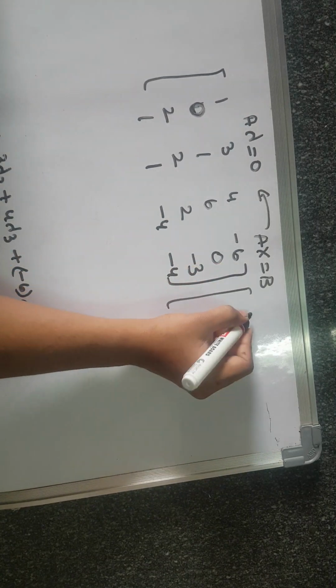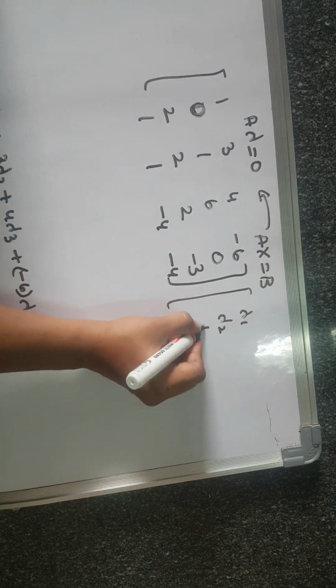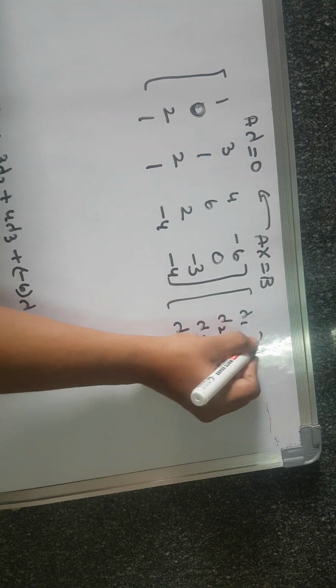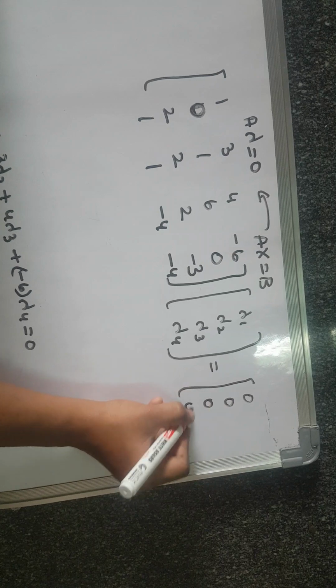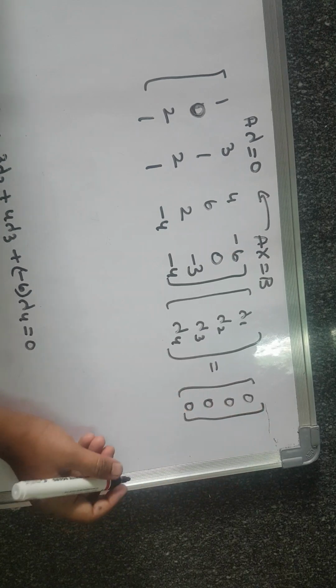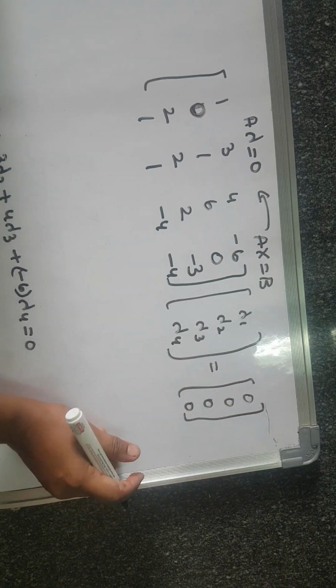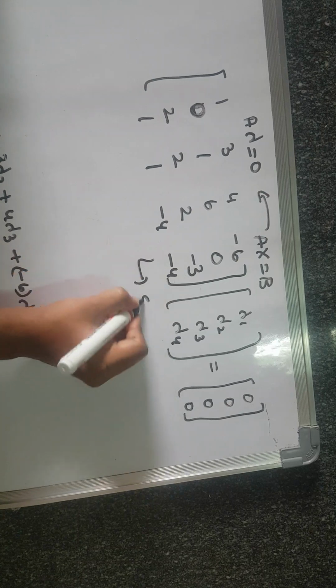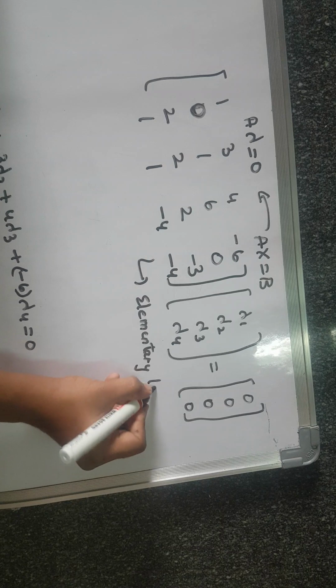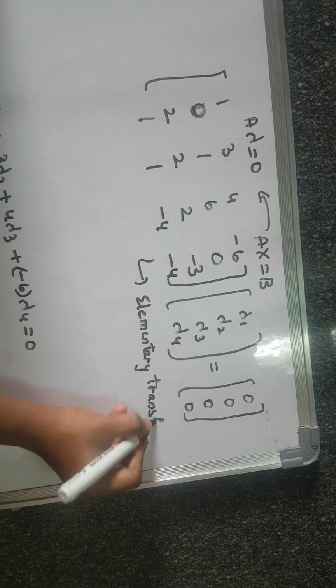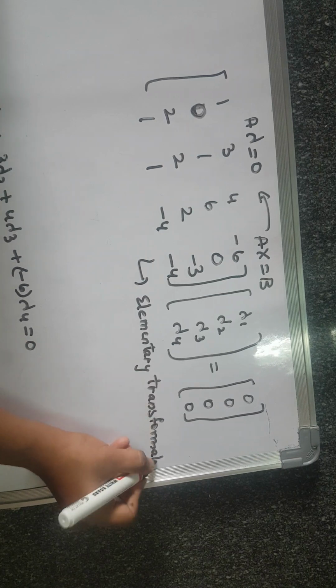Now what are the lambda values? Lambda 1, lambda 2, lambda 3 and lambda 4. Here all the values are there. What is the equation here? 0, 0, 0, 0, where b value has been given as 0. Do the elementary transformation method here.